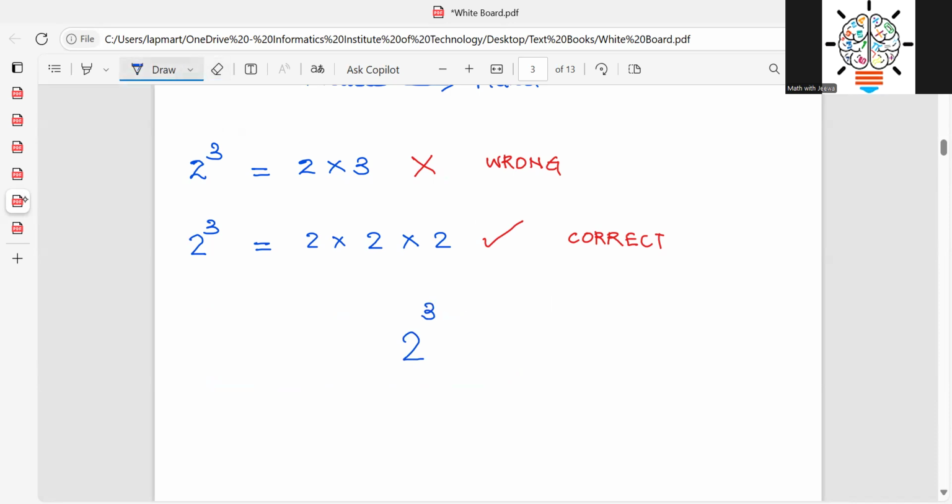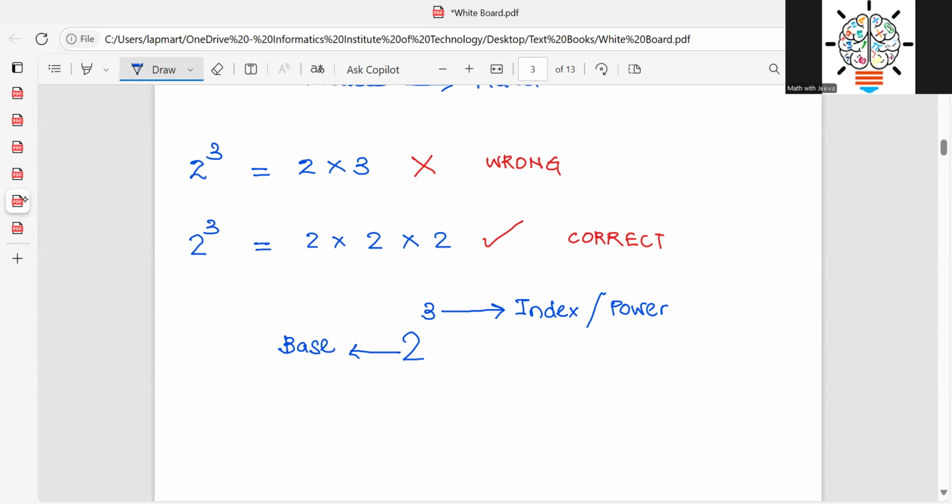The different textbooks use different names. Some say the index, some say power, and in USA, Canada, those countries use exponent, right? But here, in most of the UK curriculum books, we use index and the power. And what is this? This is the base, right?